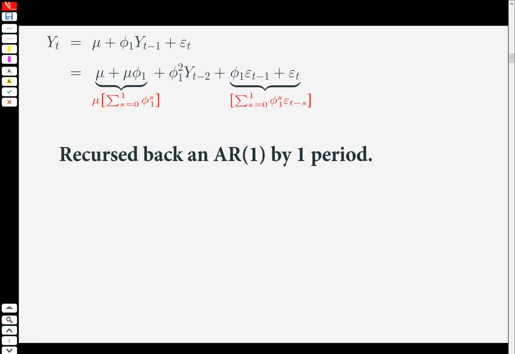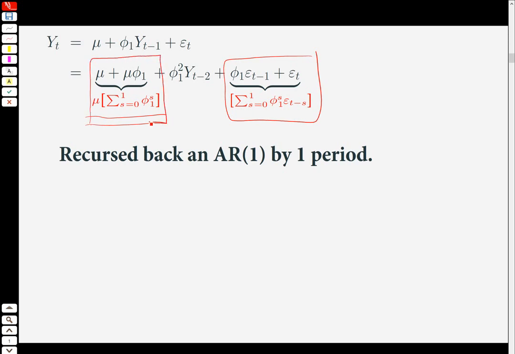There are a few ways to do this, but the simplest way is to put the AR1 into its MA infinity form.